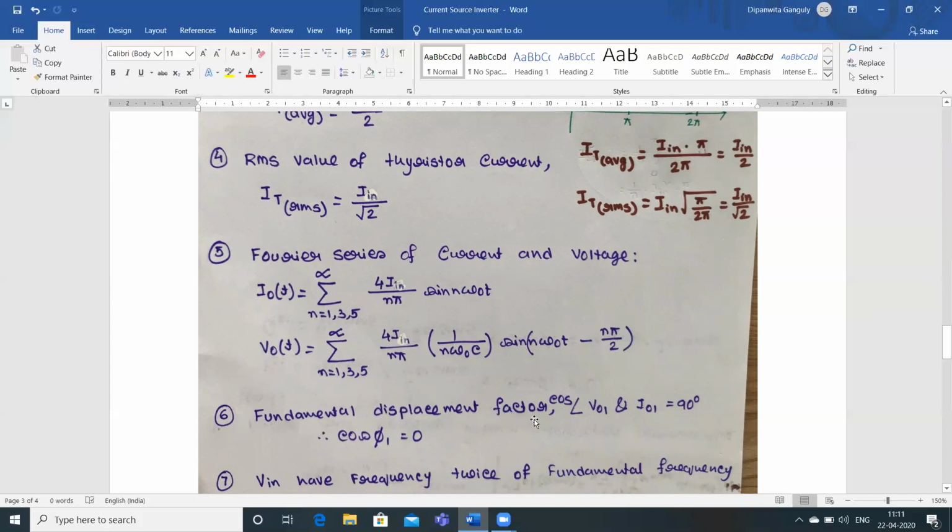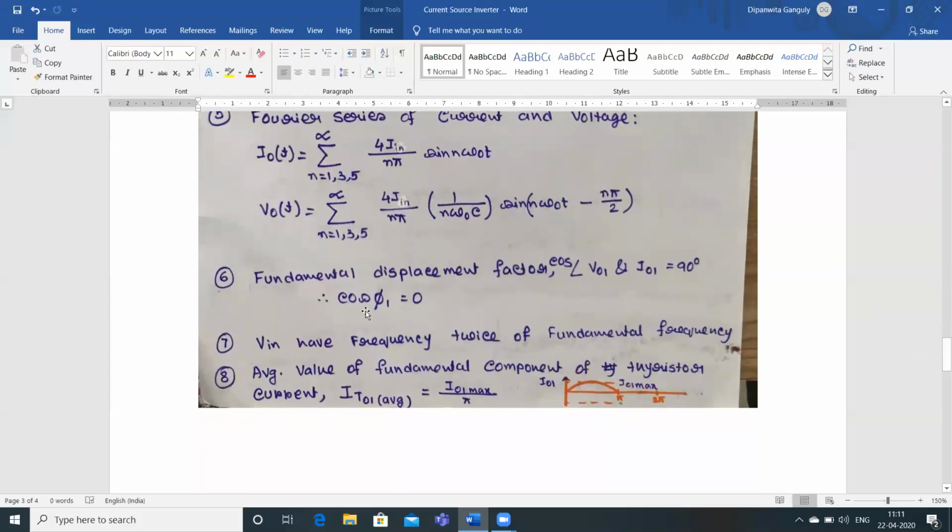The fundamental displacement factor is the cosine of the angle between V01 and I01, and the angle between V01 and I01 is 90 degrees. So cos 90 is equal to 0, so the fundamental displacement factor will be equal to 0. We have already seen that the frequency of the input voltage is twice the frequency of the output voltage, which we already discussed.